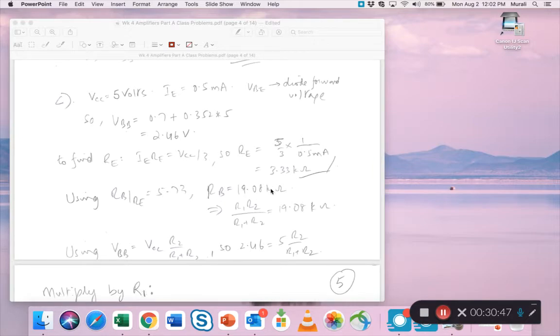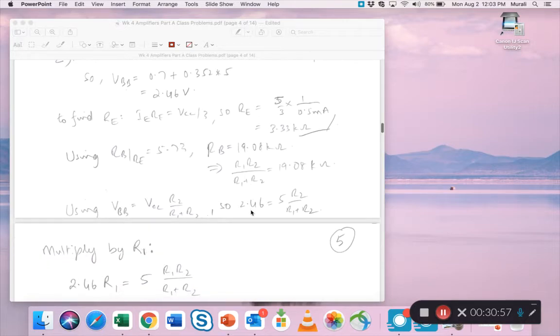Now this 19.08 RB is actually R1 R2 by R1 plus R2. Now you can guess for some values of R1 and R2 to satisfy this, but there's another way to find it. So VBB we know is VCC times R2 by R1 plus R2 using the voltage divider formula.